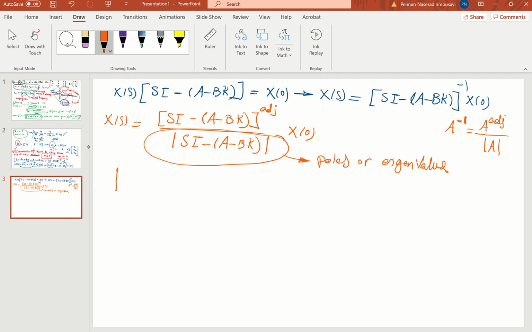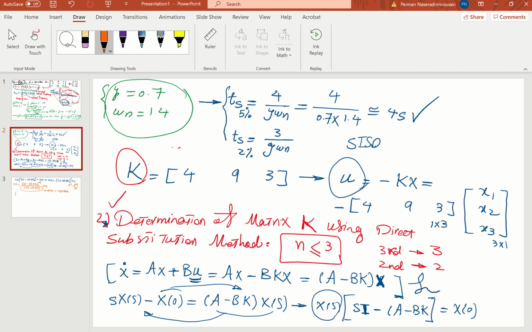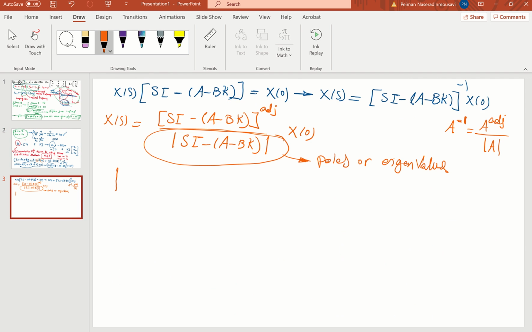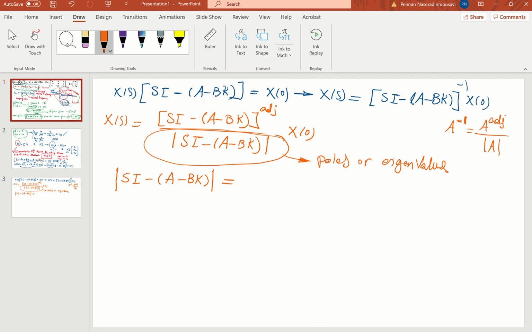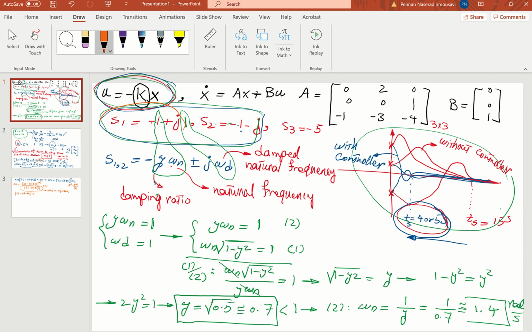So after I design my state feedback, minus kx, it gives me the poles, the eigenvalues of the system. So I'm going to say the determinant of sI minus A minus BK is equal to what? This gives me the poles and eigenvalues that I want to design.